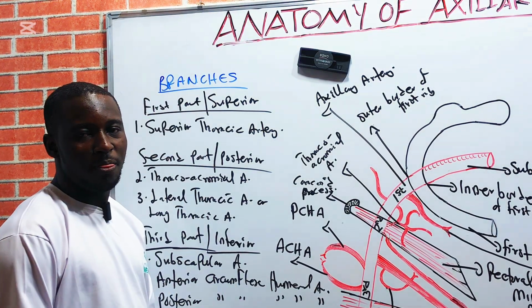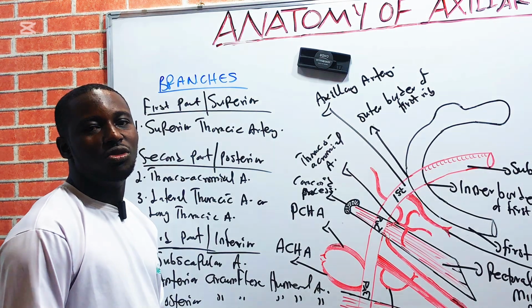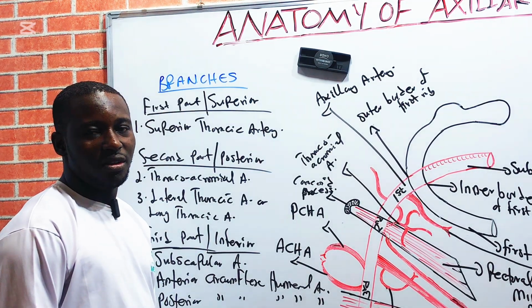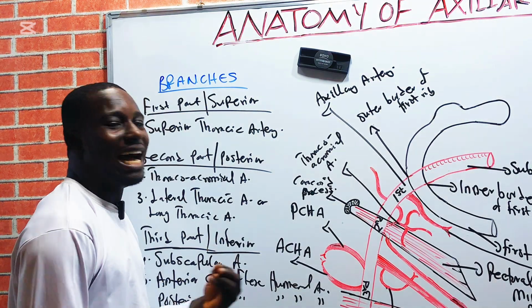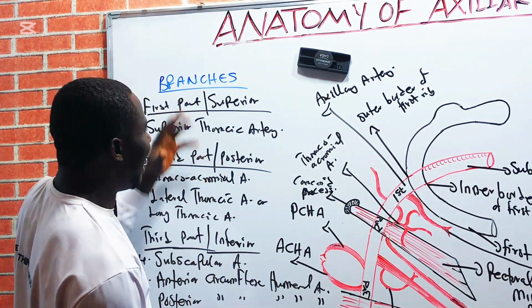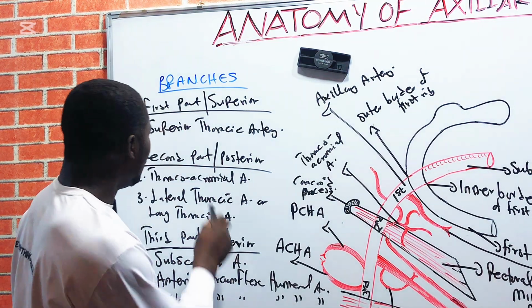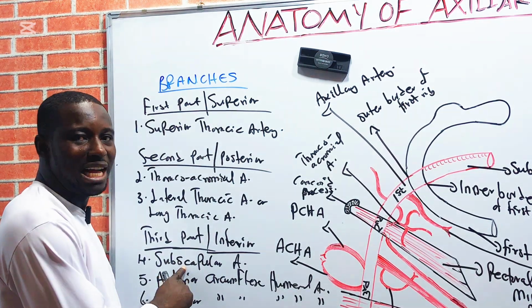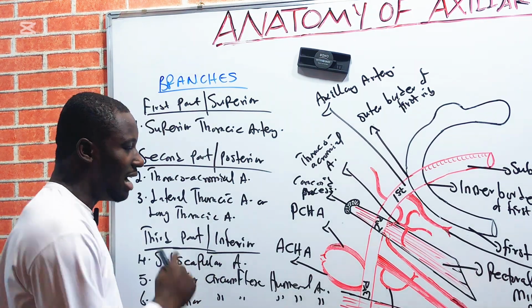It supplies the shoulder joint. So those are the courses of these arteries. Okay, this is the smallest branch of the axillary artery, whereas this is the biggest branch.